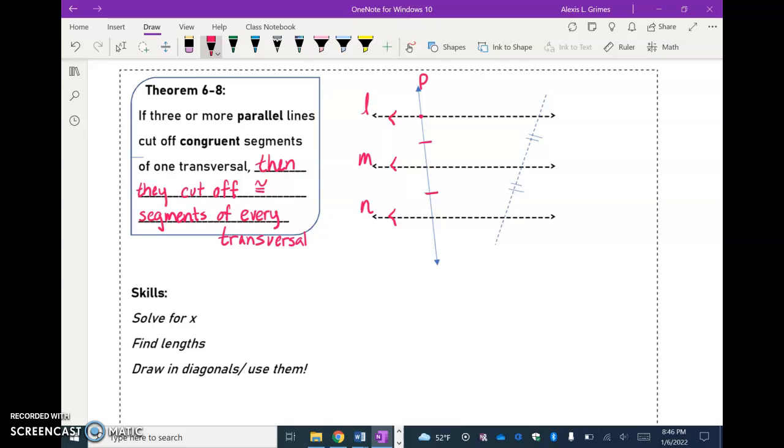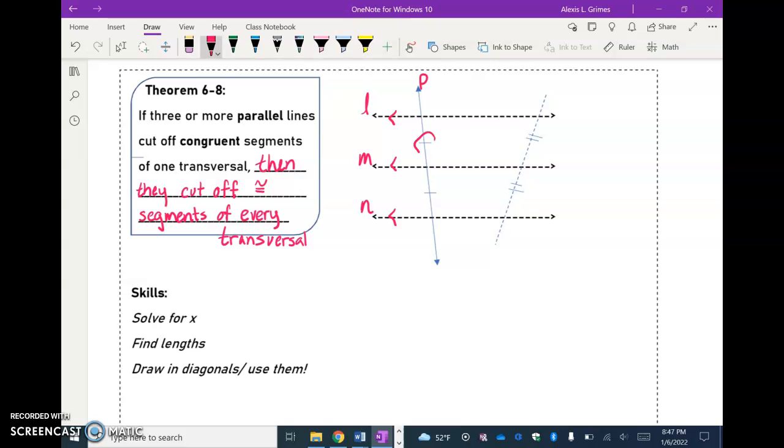That means from here to here is the same as from here to here. Those little hash marks mean that they're the same distance. That's what this cut off congruent segments means. It means this transversal was split into this even piece and this even piece.